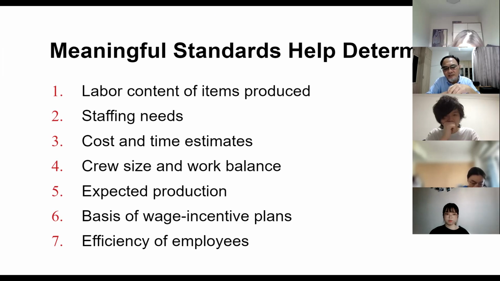That is a wage incentive plan. And of course, efficiency of employees: you can determine employee efficiency. So labor standards are very useful, very important. It is important that all jobs have labor standards.